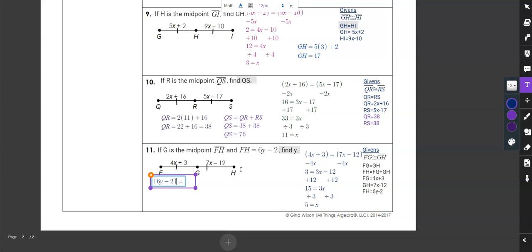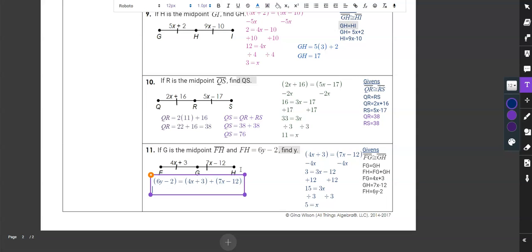And that's going to be equal to FG, which is 4x plus 3. Oops, I'm not in my text box. There we go. 4x plus 3. And we're going to add to that 7x minus 12.